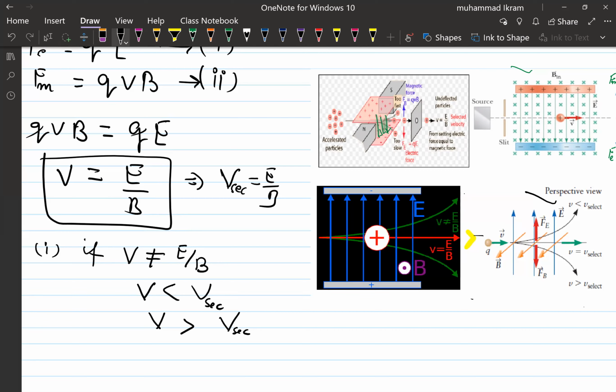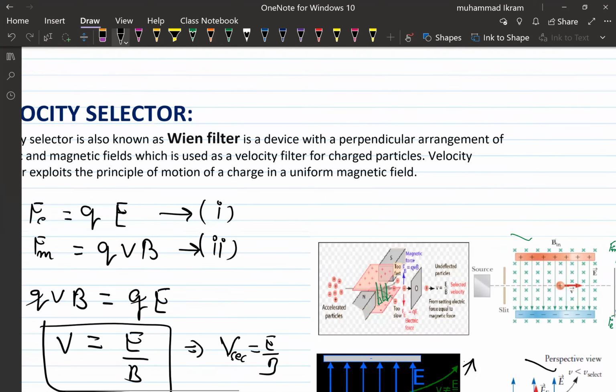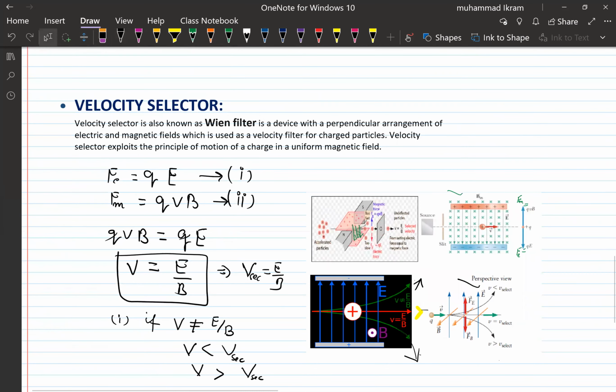If it is greater, it will be deflected in the downward direction like this. So this is the velocity selector.